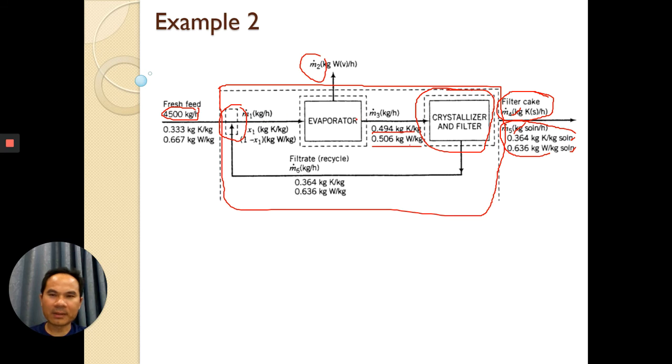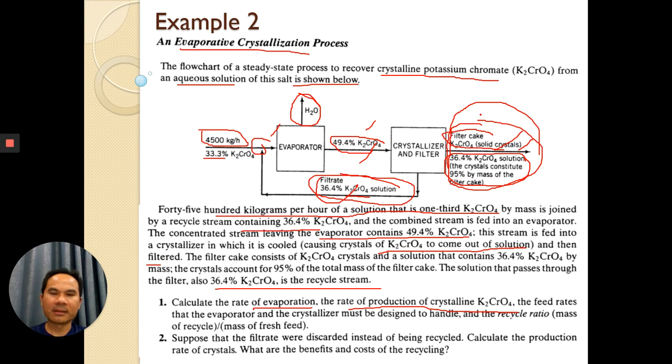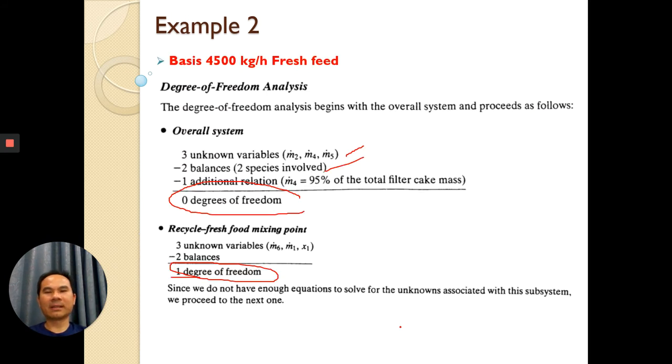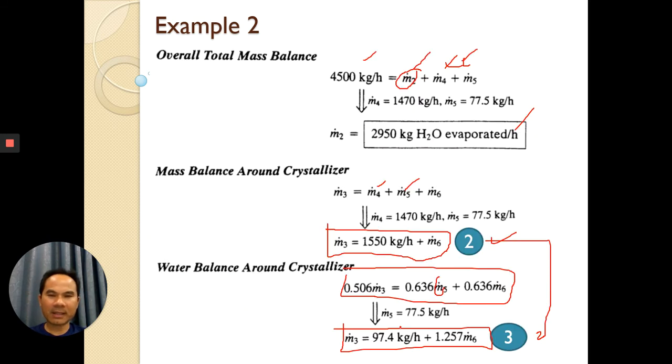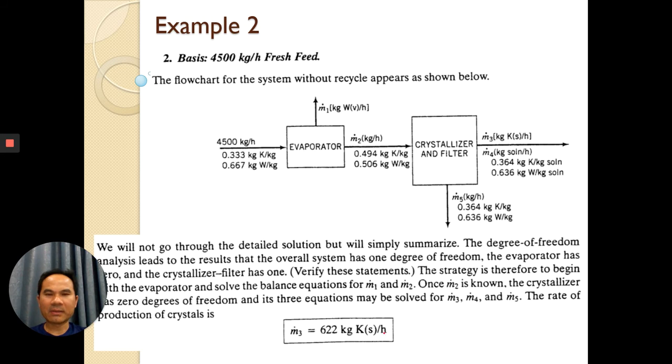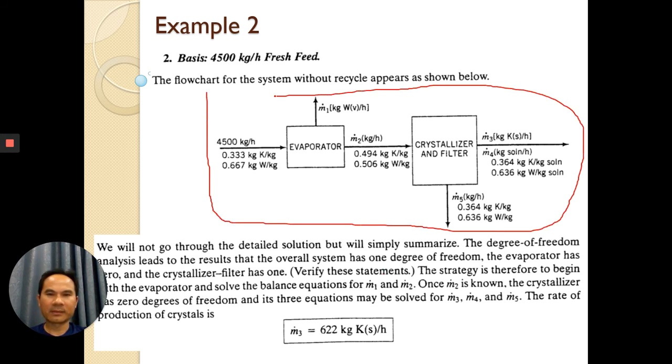This is the feed rate to the evaporator, and this is the feed rate to the crystallizer. This answer you know already, and the recycle ratio you know already. And for the second case, if the process has no recycle, you can draw the flow chart like this. There is no recycle.